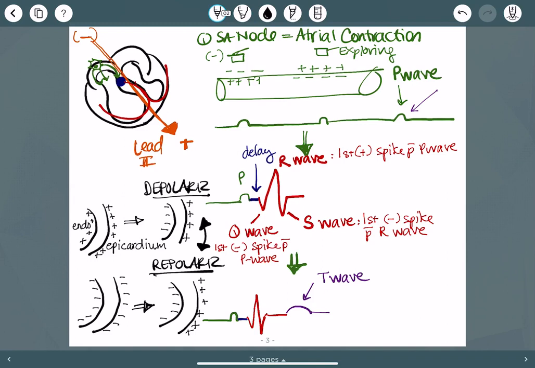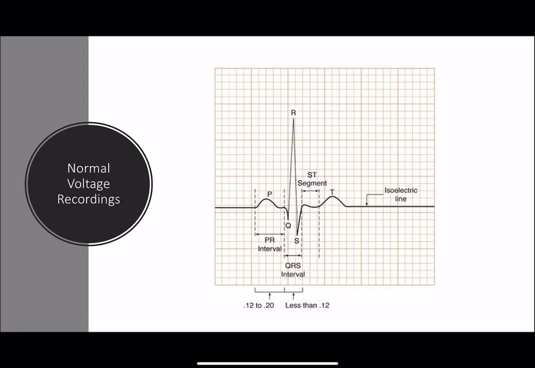So let's go to the textbook picture of this. This is the same thing, much clearer than my drawing probably. This flat line, our baseline, is referred to as the isoelectric line. That is where the graphical depiction would be when your electrodes are recording 0, right?